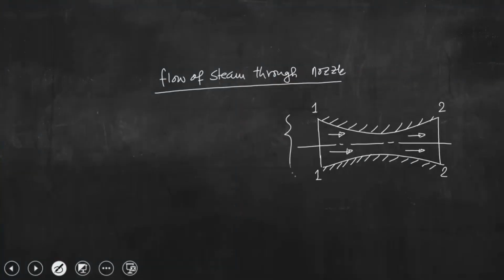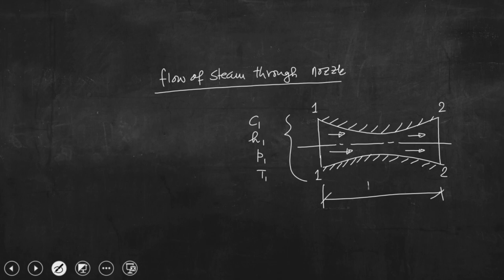At the inlet the conditions are velocity of the steam C1, enthalpy H1, pressure P1, temperature T1, specific volume V1, and we are assuming that the length L of the nozzle is very small, so we can ignore the change in elevation. The outlet conditions are velocity C2, enthalpy H2, pressure P2, temperature T2, specific volume V2.